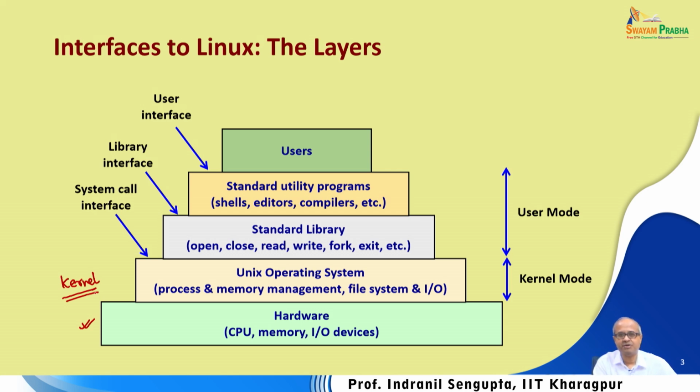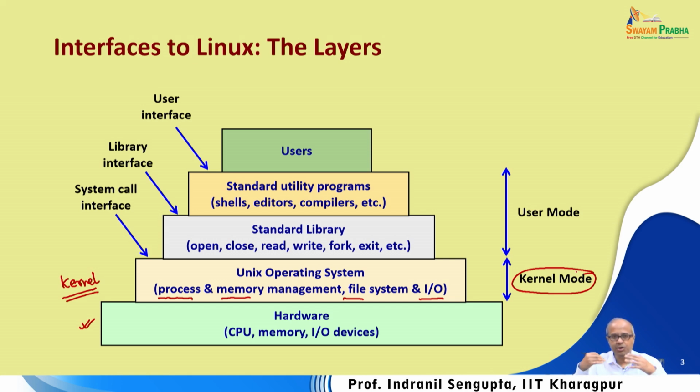This includes the essential routines on process and memory management, file systems, input outputs, etc. All these things are taken care of by this layer, and this is the kernel. It directly interacts with the hardware, and quite naturally these routines must run in the kernel mode. They must not be running in the user mode, because there will be some privileged instructions for accessing the hardware that will be part of these routines.